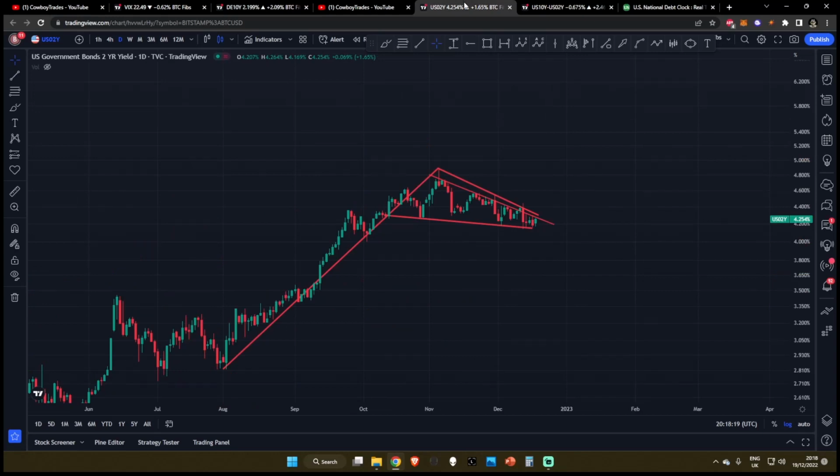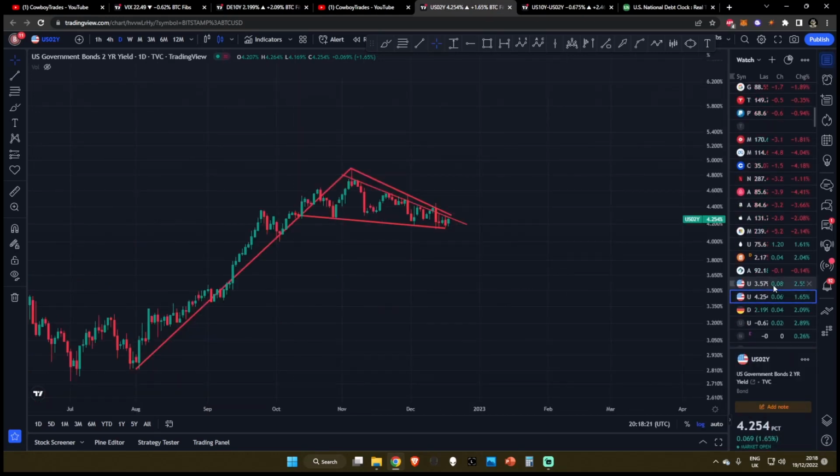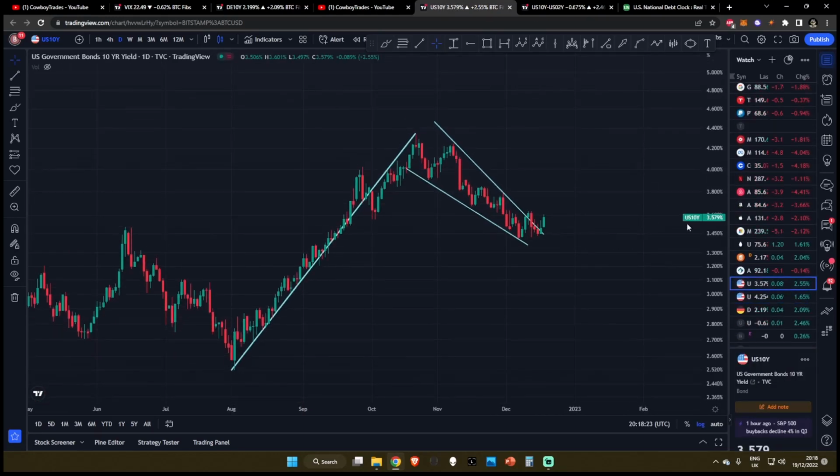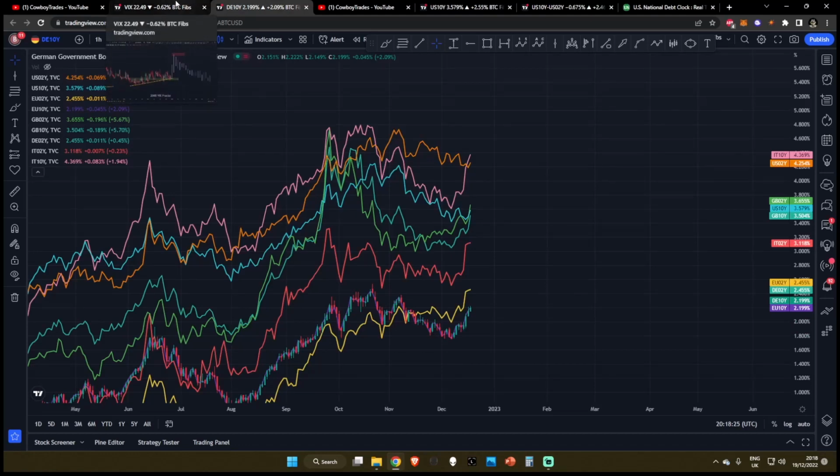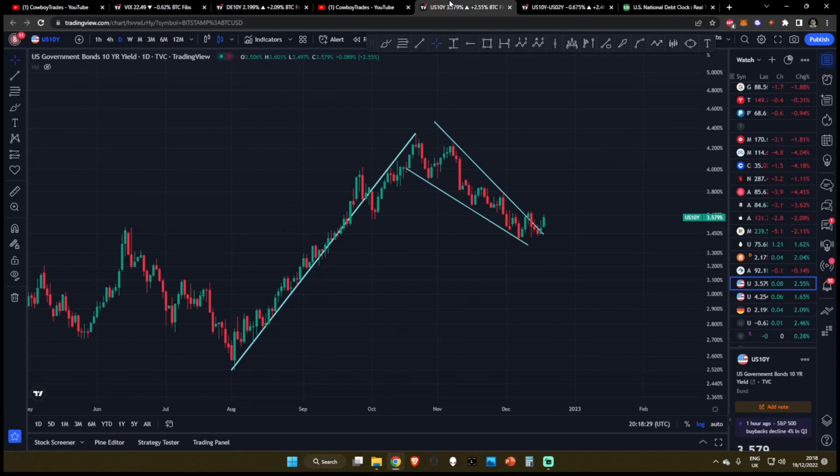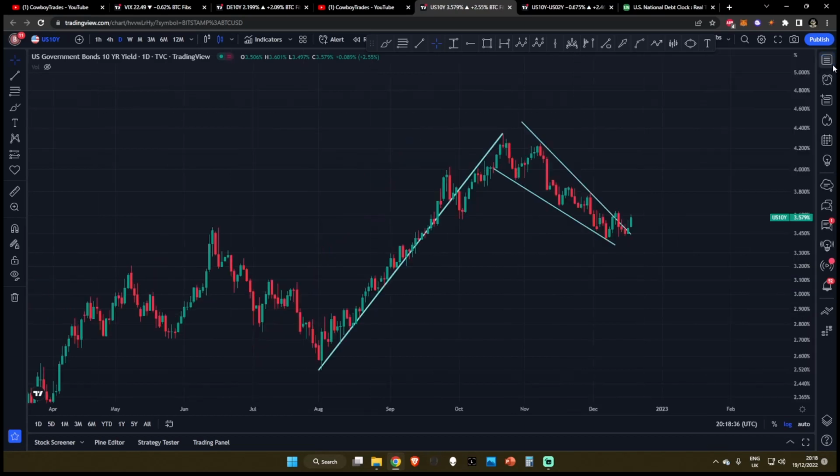And why this is particularly important for the US 10-year and the US 2-year, not in particular the Italian, Great British, Euro bonds, German bonds, etc. Why this is really important for the 10 and the 2-year US bonds to be breaking out at this moment in time is the fact that governments, or specifically the US government, can't print any more government bonds, because what are government bonds?